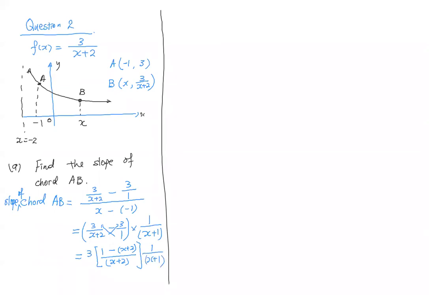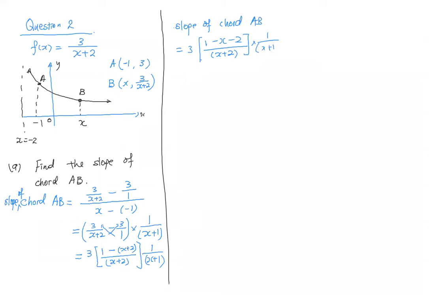Is that okay with you? Yes. Okay, so now my slope of the chord AB is 3, and this one, when I open up the bracket, it goes in this way. Am I right?